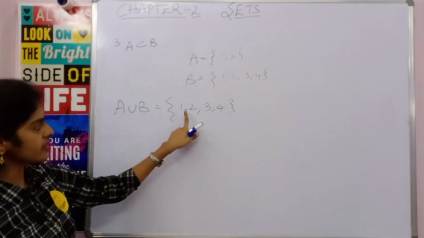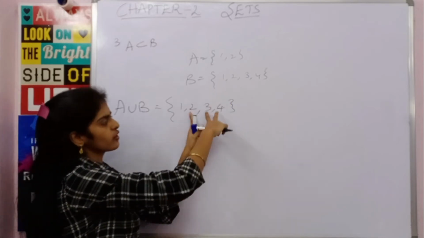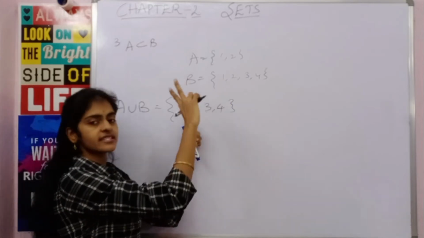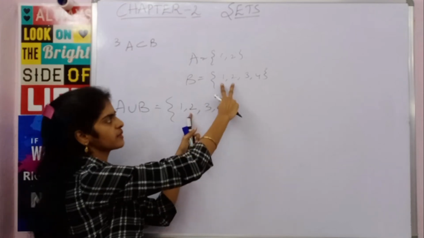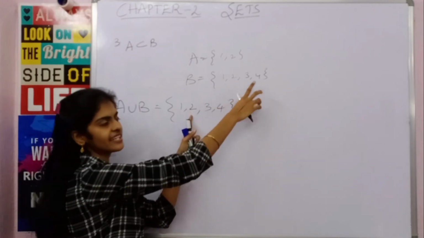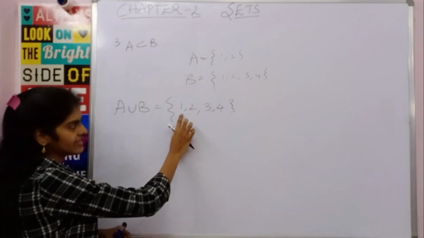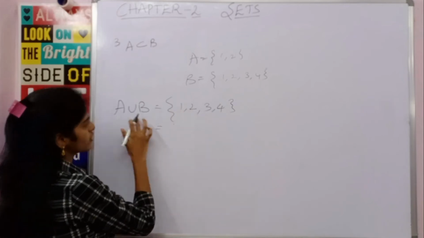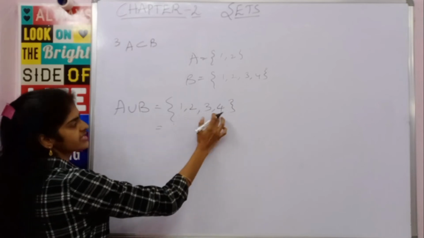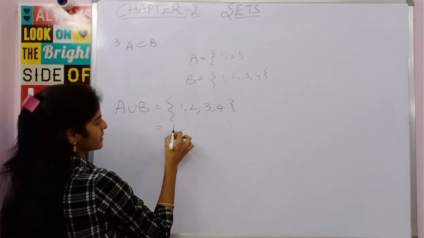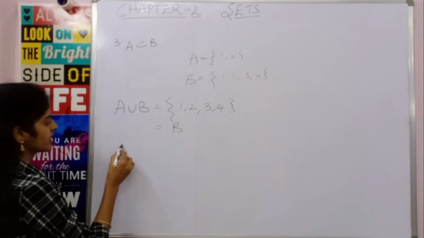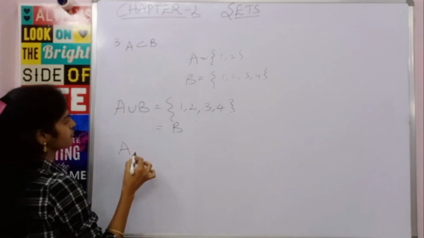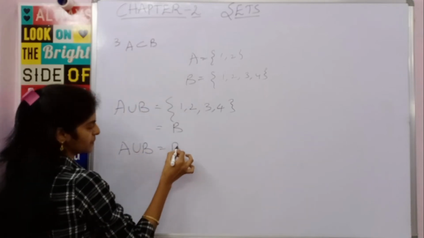Since you have already written 1 and 2, you are not writing them again. So A union B is 1, 2, 3, 4. Now what is this set? 1, 2, 3, 4 is nothing but set B. So you can say when A is a subset of B, then A union B is nothing but B.